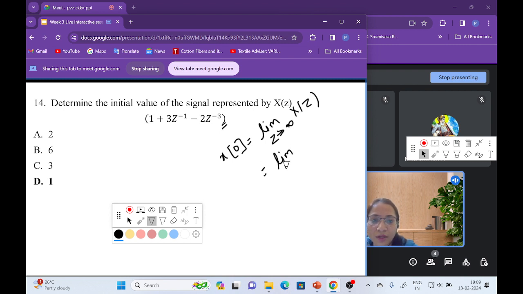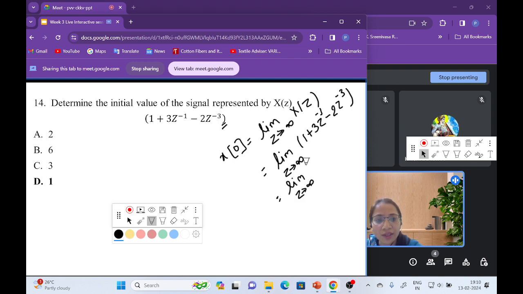So the limit as z tends to infinity of 1 plus 3 z inverse minus 2 z to the power minus 3. It is already in the form of 1 by z, so it does not require dividing or multiplying by any function.